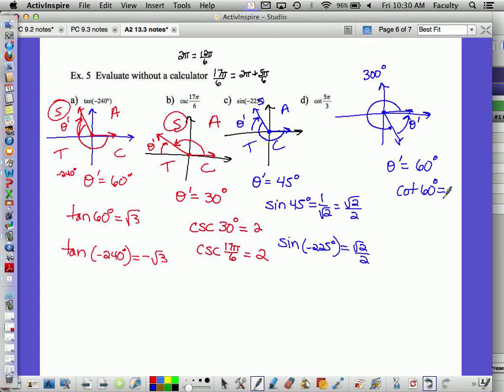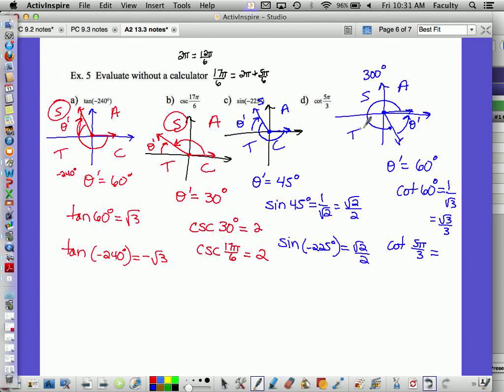Well, cotangent's the reciprocal of tangent. So tangent is opposite over adjacent, so cotangent would be adjacent over opposite. So it's 1 over radical 3, or radical 3 over 3. And then the last thing you do is rewrite the original problem. Cotangent 5 pi over 3.